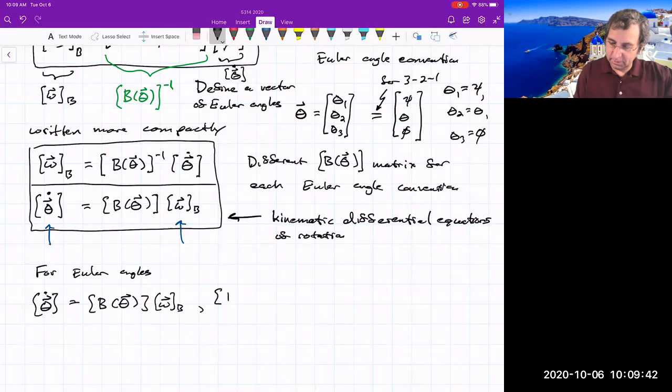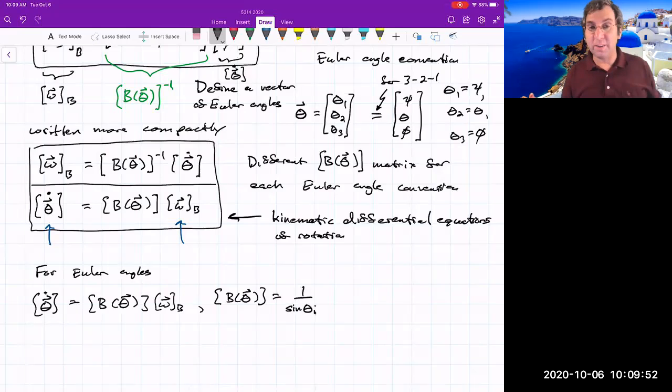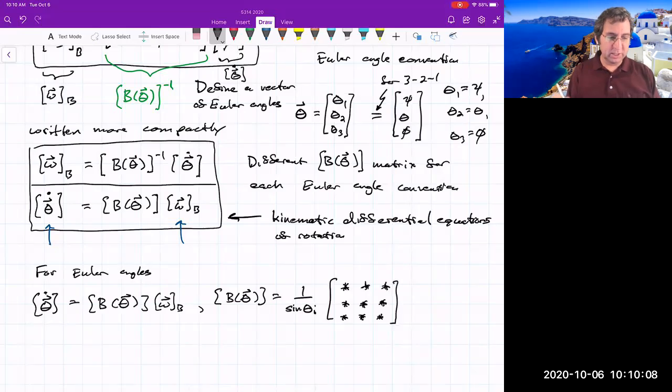And this B matrix often has out in front 1 over sine of or cosine of one of the angles, and then times the rest of the 3 by 3 matrix. This leads to trouble because what if that angle, in this case, went to 0? If that angle went to 0, sine of 0 is 0. So you've got 1 over 0. So you have this B matrix numerically blowing up.